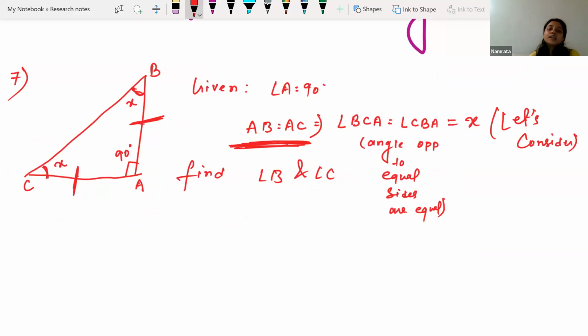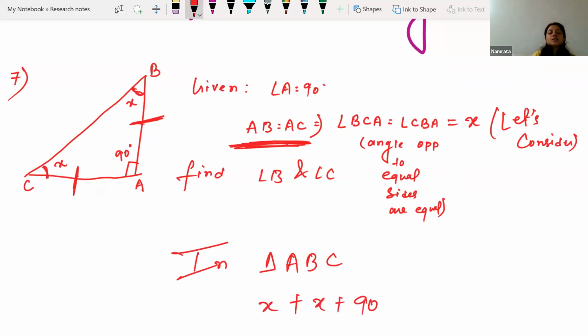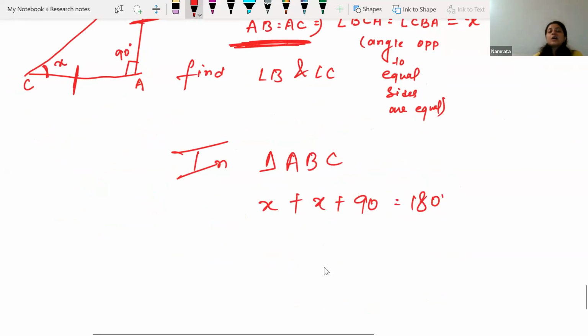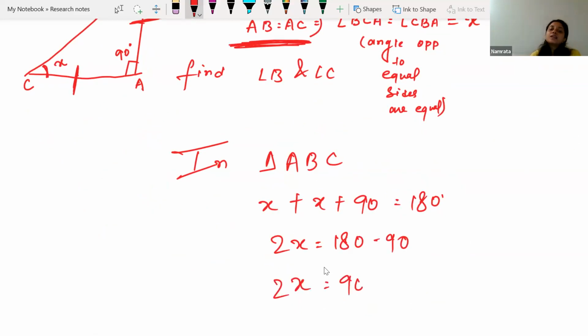So now again in triangle ABC, what we can say, sum of all the interior angles will be 180 degrees. So x plus x plus 90 is equal to 180 degrees. From here, easily we will be able to take out the value of x. That is twice x is equal to 180 minus 90. That means twice x is equal to 90 and x value will be 45 degrees.